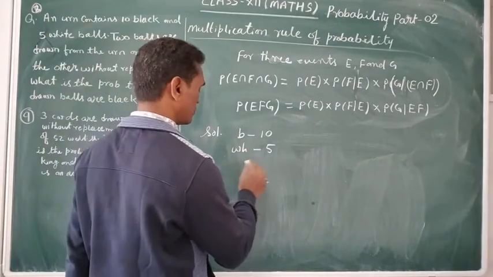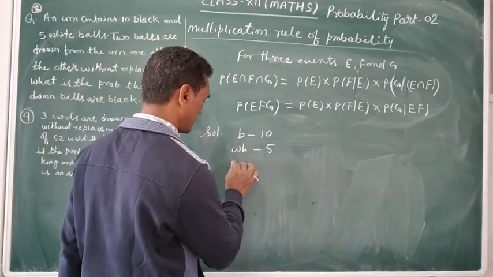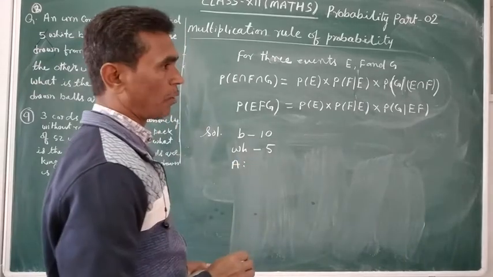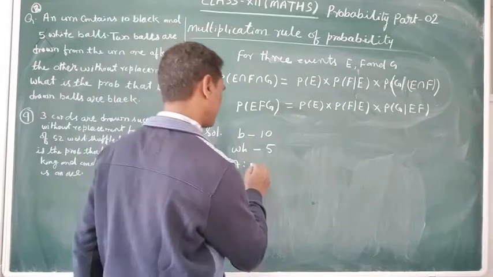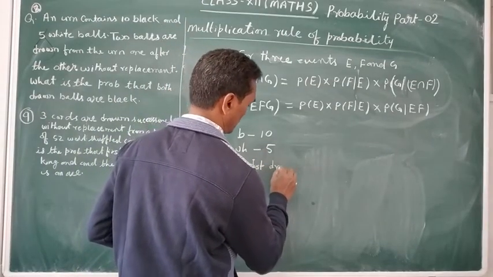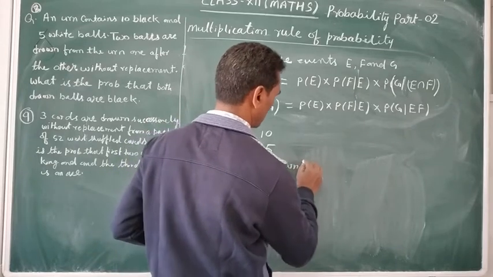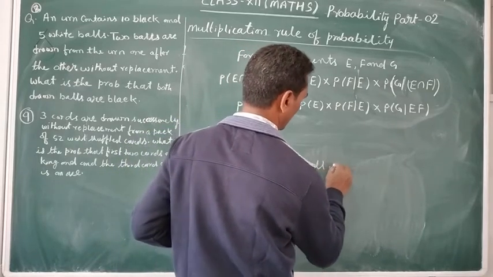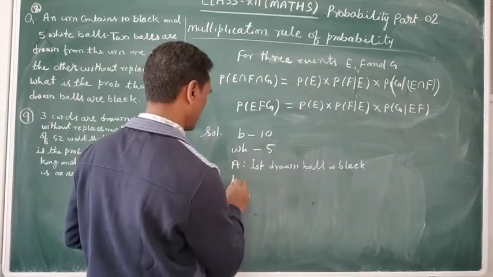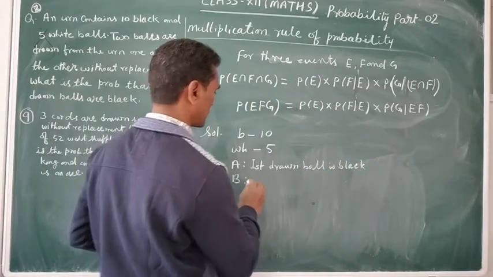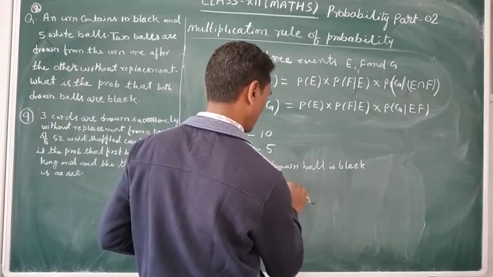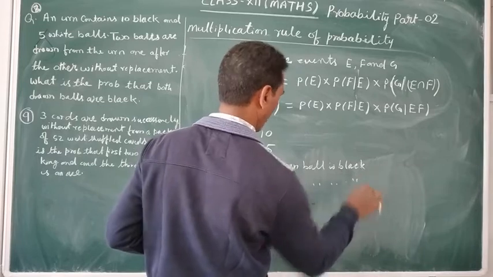We have to assume events here. Suppose event A is that the first drawn ball is black, and event B is that the second drawn ball is black.